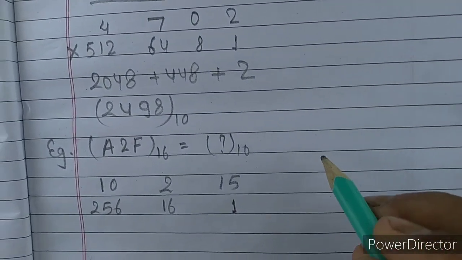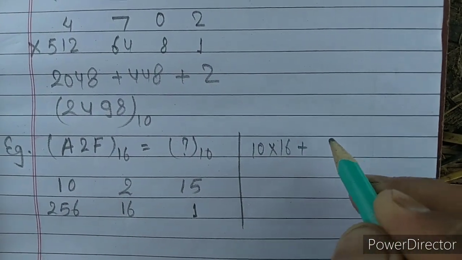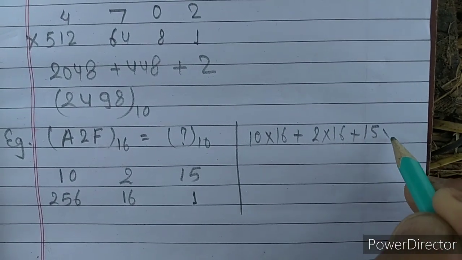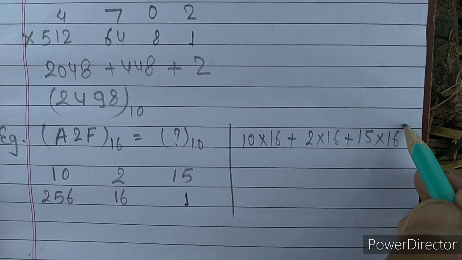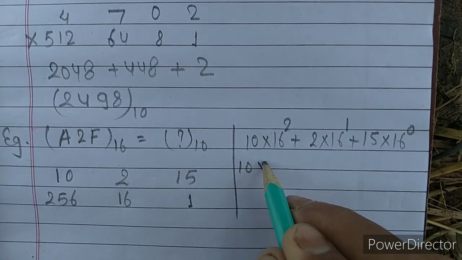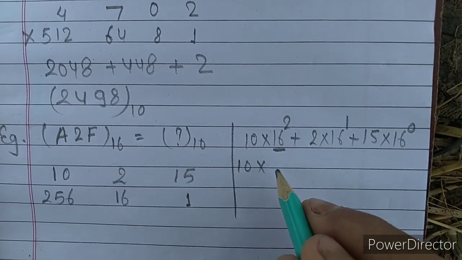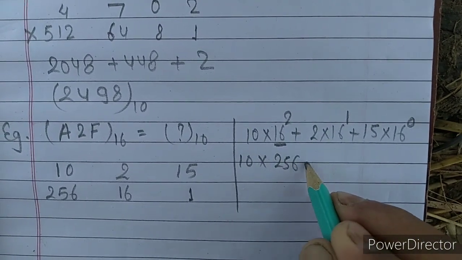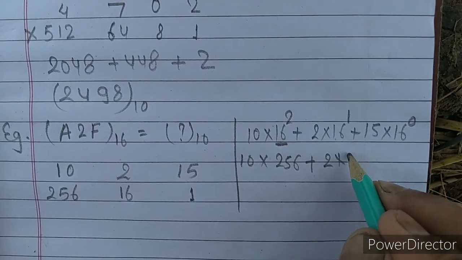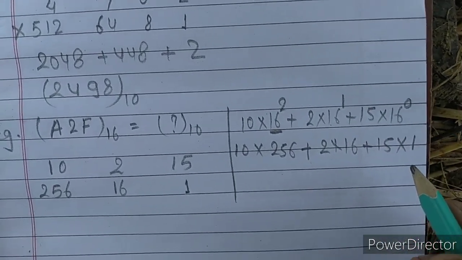See, I told you we can go on like this: 10 into 16 plus 2 into 16 plus 15 into 16. But when you give the powers to them, like power 0, power 1, power 2, this means 10 into 16 power 2, which is 16 into 16, that is 256, plus 2 into 16 power 1, which means 16, and plus 15 into 1, since any number with power 0 means 1.